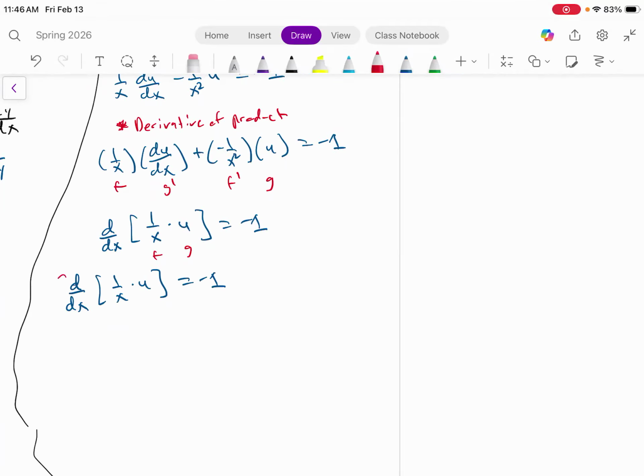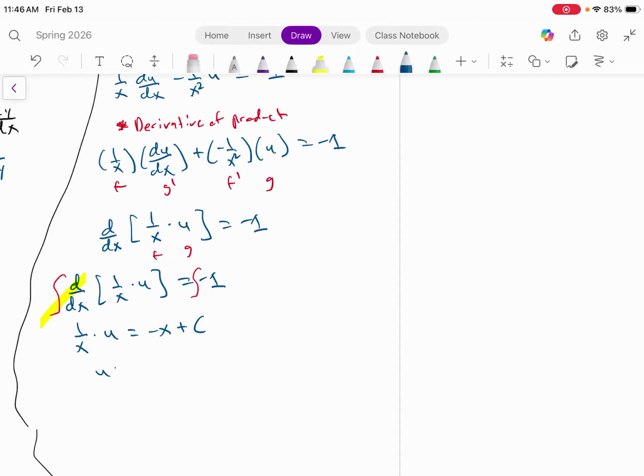And the reason we do that is because the integration and derivative cancel each other out. And so what we're left with is 1 over x times u equals the integral of -1 is just negative x, and then we add our plus c. And then what we want to do is solve for u.